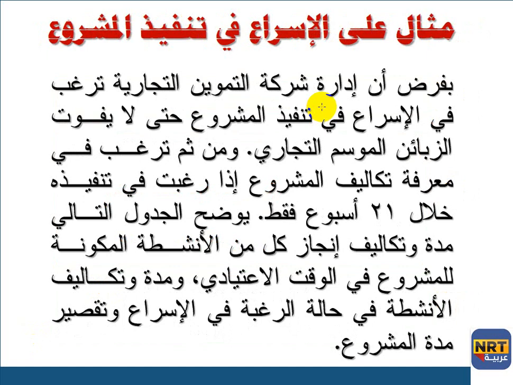An example for a crash of the task execution. Suppose that any trade supply or trade fund corporation would like to crash a task execution in order not to miss the commercial season clients.